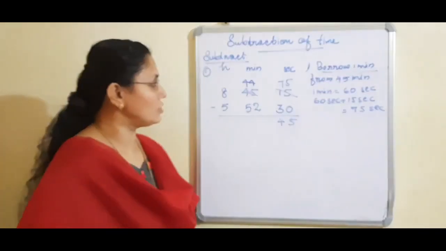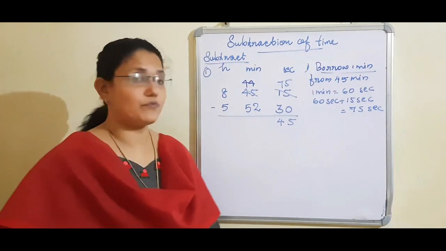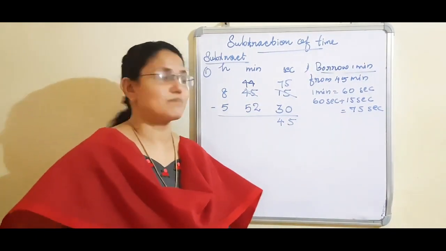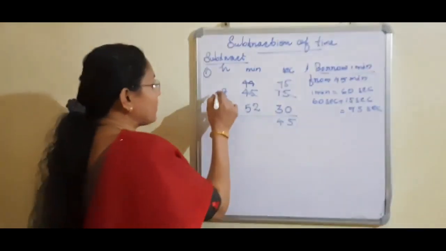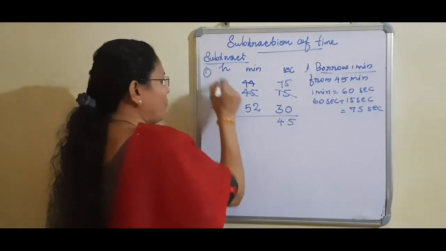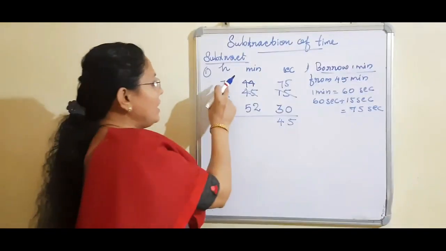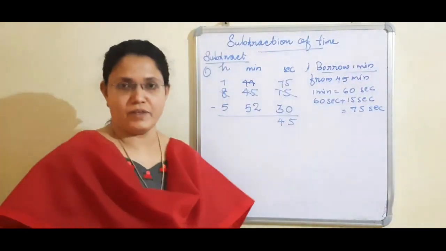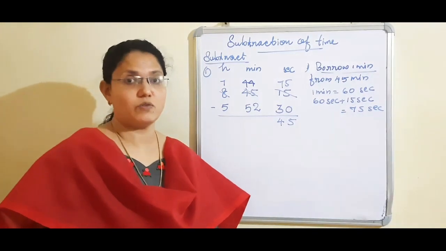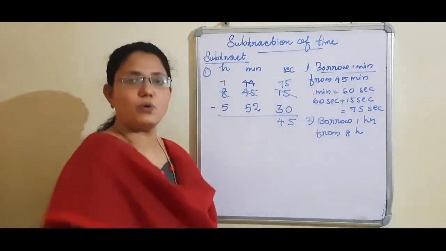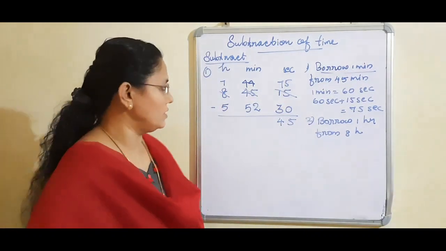Again we have to think, can we subtract 52 from 44? No. That time what we have to do? Yes, borrow 1 hour from 8 hours. When we borrow 1 hour from 8 hours, it remains as 7. And this 1 hour we should add with the minutes. But before adding 1 hour, we should change this 1 hour to minutes.